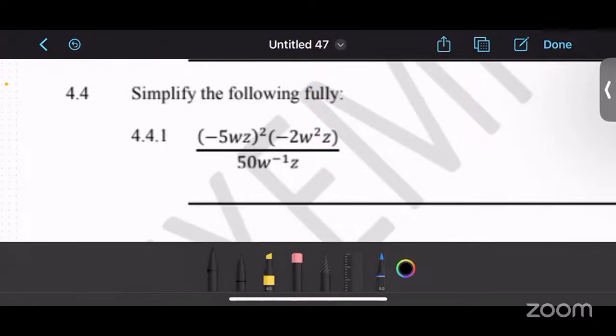How are we going to simplify it? What's the first step? Busi, what's the first step?